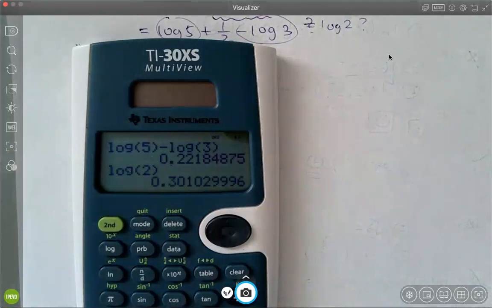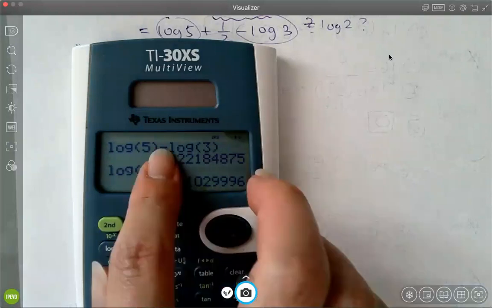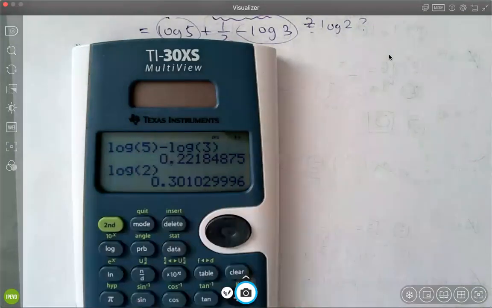And see, that corresponds with my earlier statement where the same base log does not necessarily correspond to like terms. So here it is: log 5 minus log 3 is not log 2. And hopefully you can see the reason. The subtraction in between the two logs turns into what? The quotient, right?